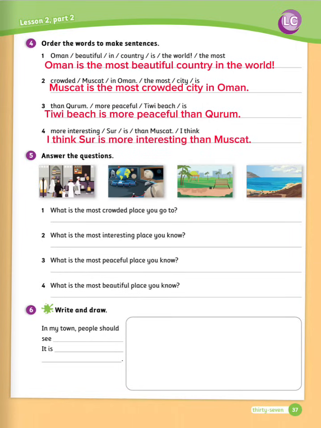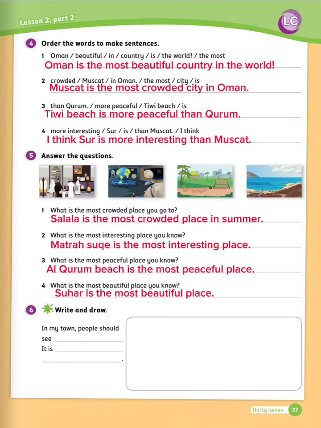Exercise number 5. Answer the questions. I'll show you my answers as an example. Number 1. What is the most crowded place you go to? Salala is the most crowded place in summer. Number 2. What is the most interesting place you know?